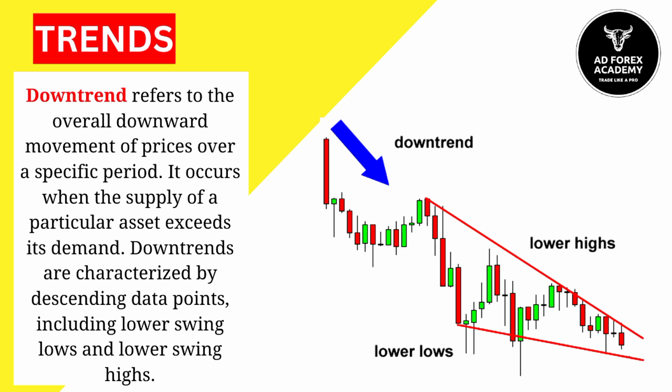We discussed this in a previous lesson as well. In a downtrend, data points fall as illustrated in a real life scenario by lower swing lows and lower swing highs. You can observe them: lower lows, lower highs, lower swing highs, and lower swing lows. This swing high must be lower than this swing high, and this low must be lower than this low. It's that simple. Let's examine another real life example.